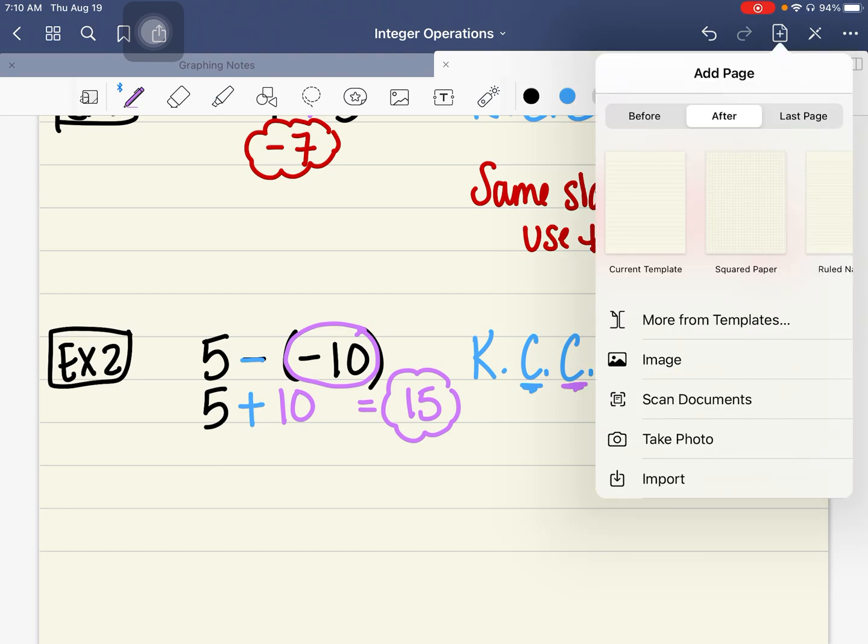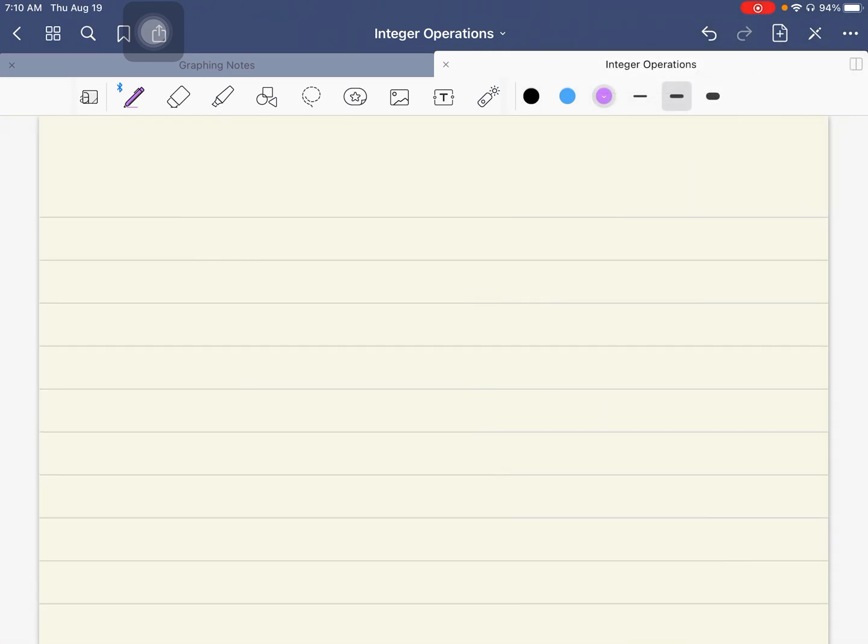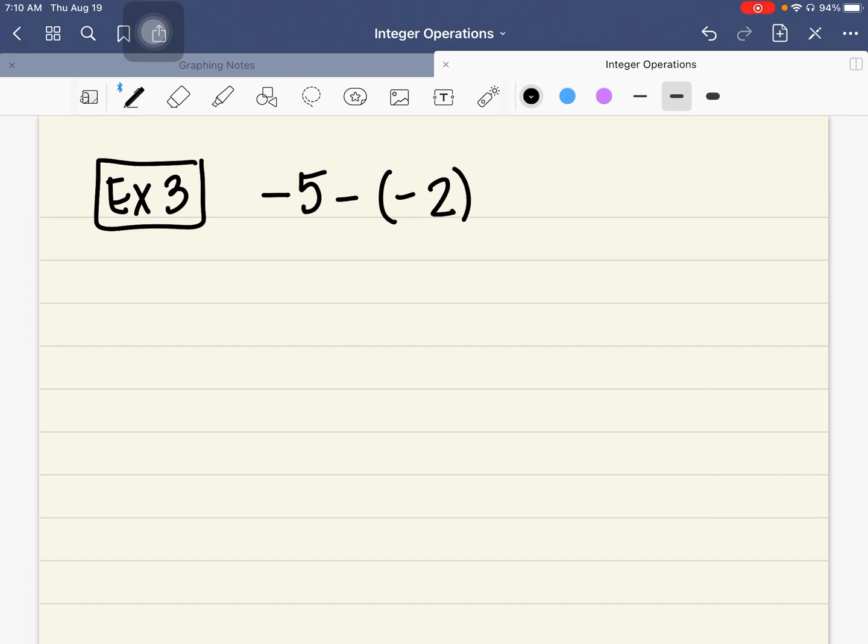Okay, let's see another example of something that could come up. Say I have -5 minus -2. All right, we want to do keep, change, change. So we're going to keep the first number the same. It's going to stay -5.